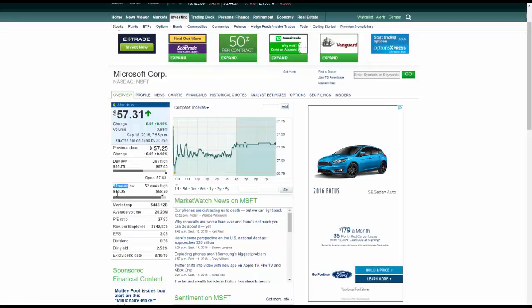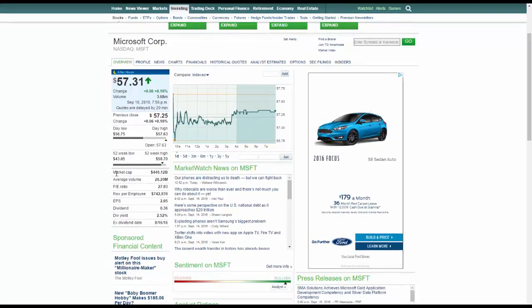If a price is on the left, closer to the low, that may be a signal of an opportunity to buy. That doesn't mean you make your purchasing decisions solely on this 52-week low indicator, but it is one variable that you can consider.